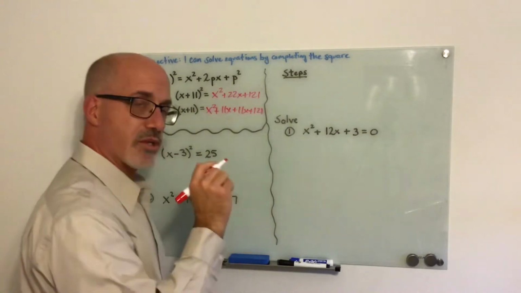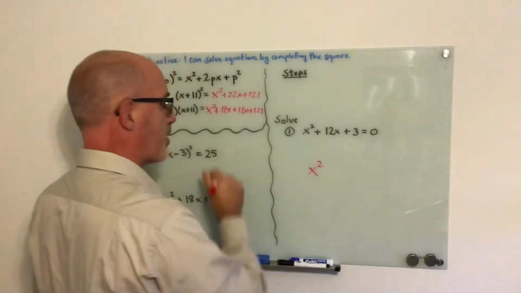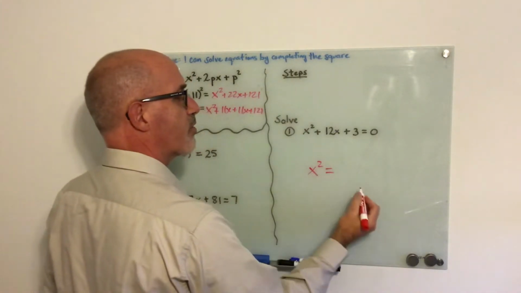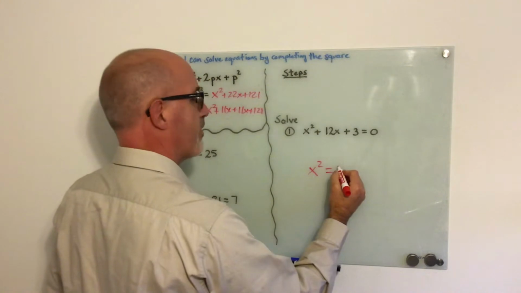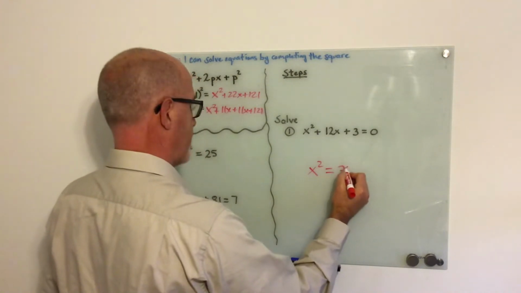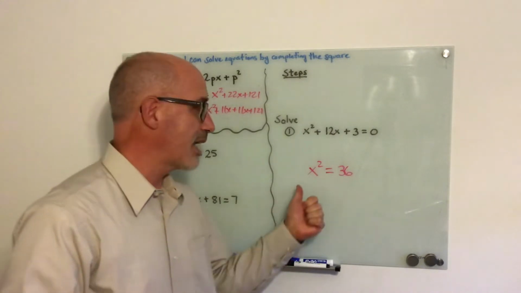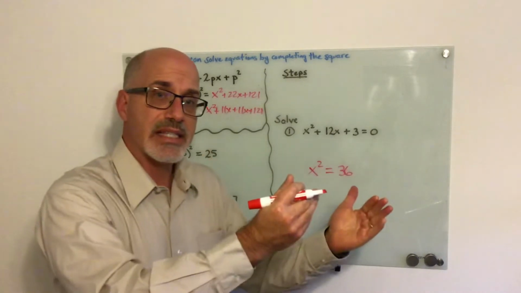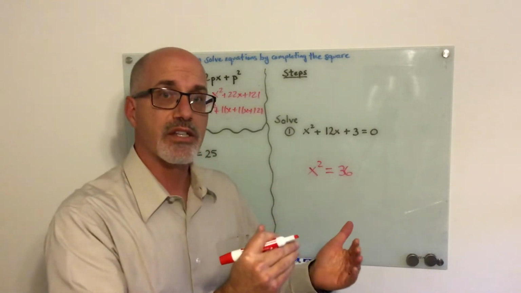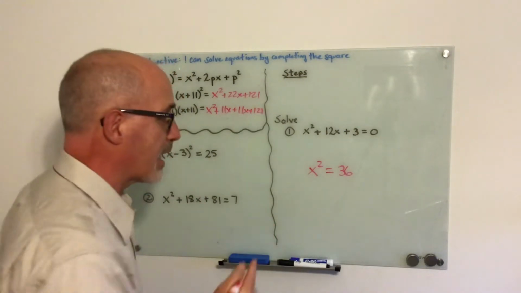Let me remind you of a couple things before we do these problems down here. Using the space over here, if we have x squared equal to 36 as part of this problem, and I want to take the square root, this is saying what squared equals 36? Well, both 6 and negative 6 squared equal 36.